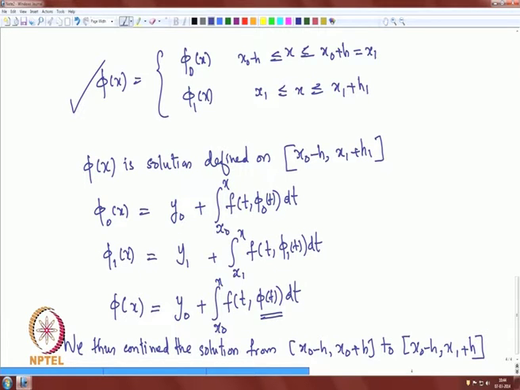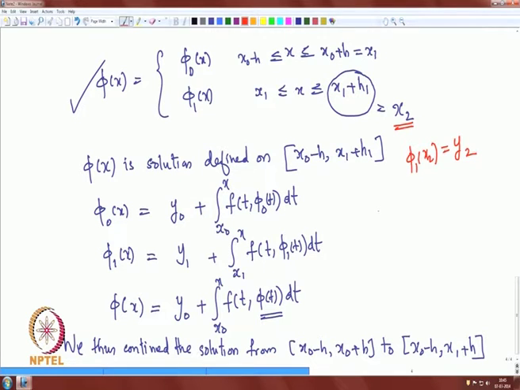Now, what we can do is repeat this process. Take x 1 plus h 1 as a new point, which I call x 2, and the value of the function phi 1 at x 2 I call y 2.